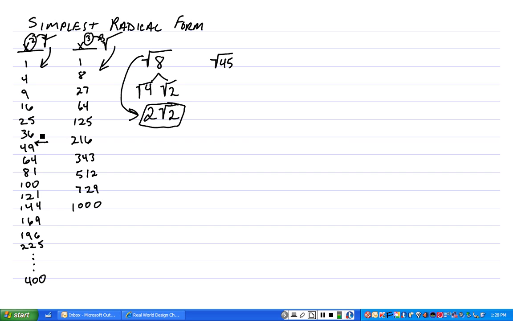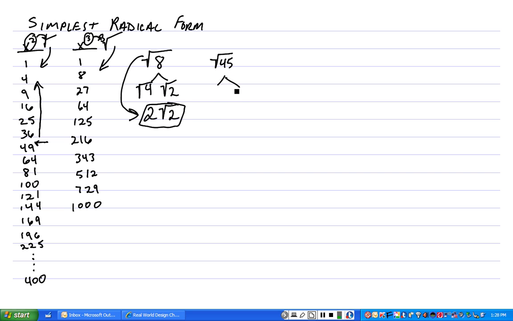So I would be looking at any of these to be factors of 45. Well, I know 36 doesn't go into 45, 25 doesn't go into 45, 16 doesn't go into 45, but this 9 does. So 9 is my biggest factor in my perfect square list that goes into 45.